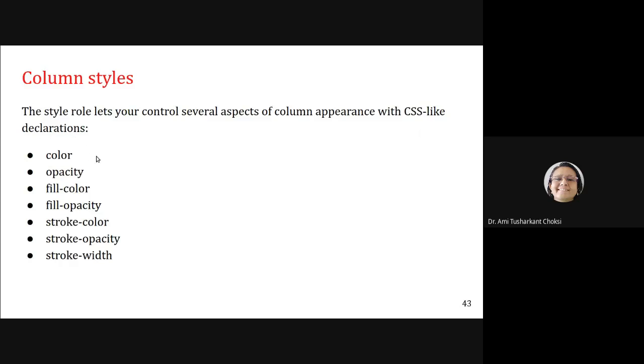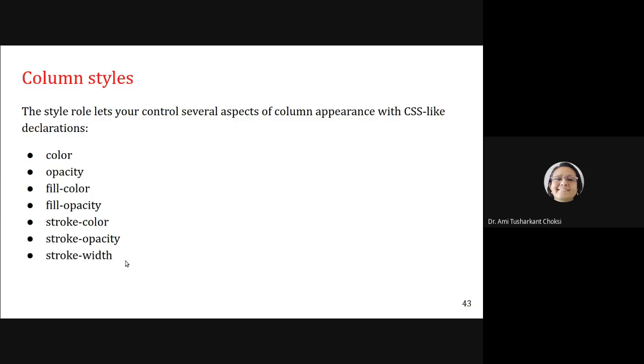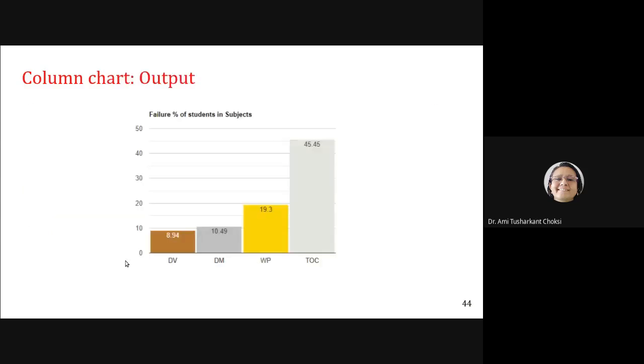So for that we can say color, opacity, fill color, fill opacity, stroke color is line color, fill color is whatever we feel, right? Stroke opacity, and stroke width, fine. So for that let's see the code here.